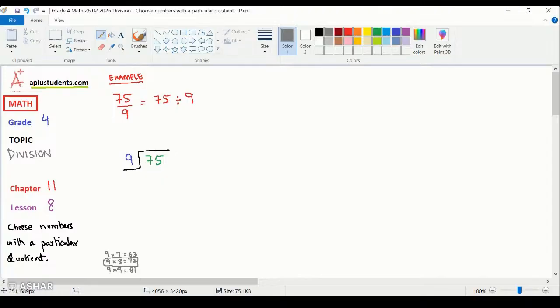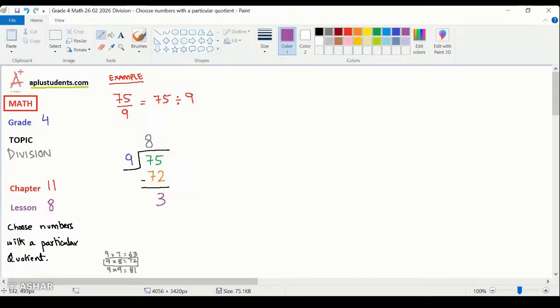Agreed? So we can say that 9 times 8 is 72. When we subtract these numbers, we are left with a number at the end, and that number is 3. Okay, let's use a different color. That number comes out to be 3.